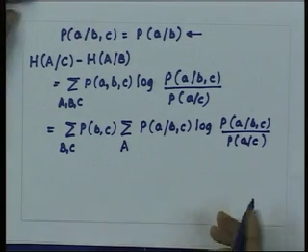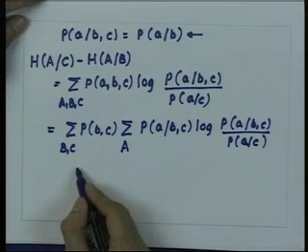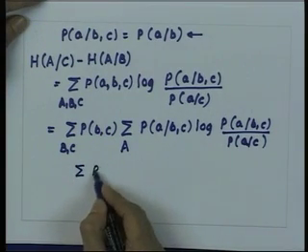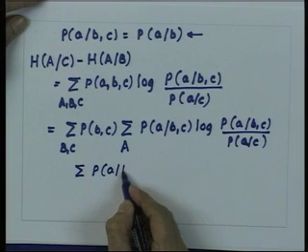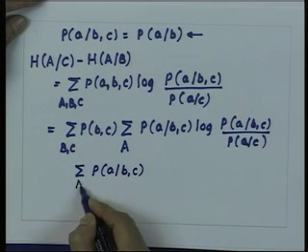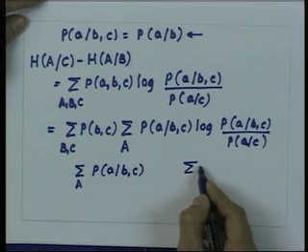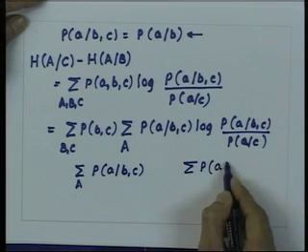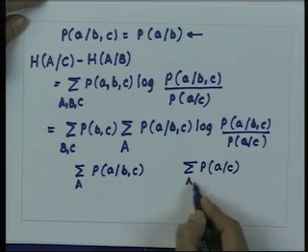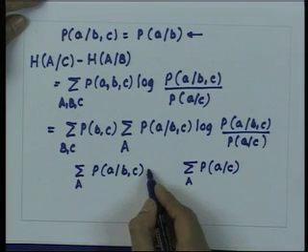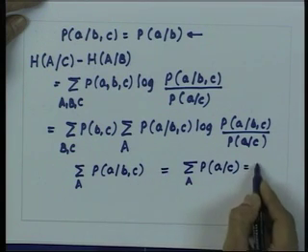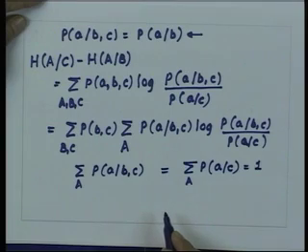Now, the summation of probability A given B C over alphabet A and the summation of probability A given C over alphabet A both are equal to 1.